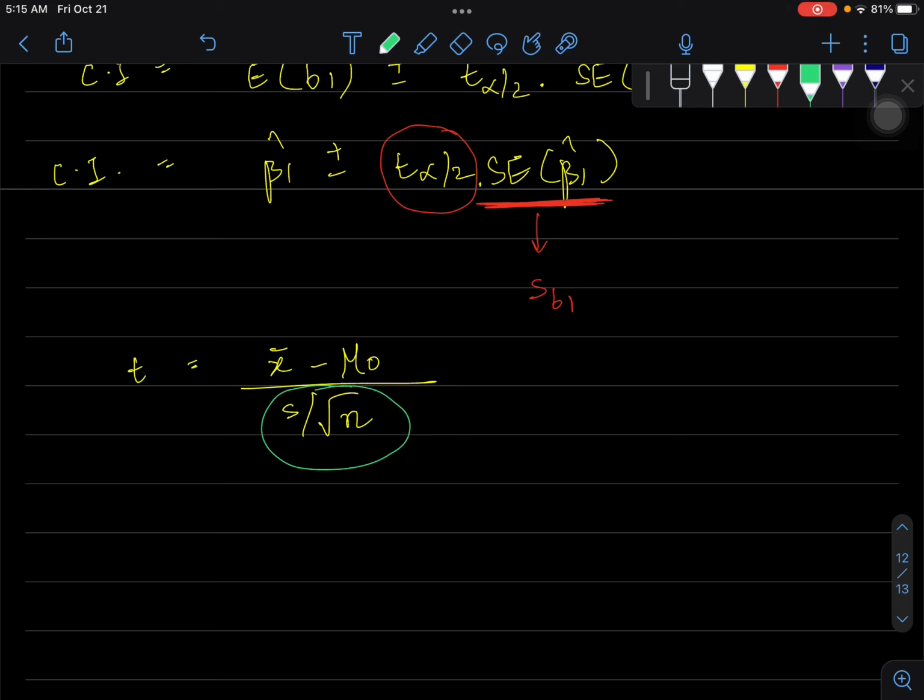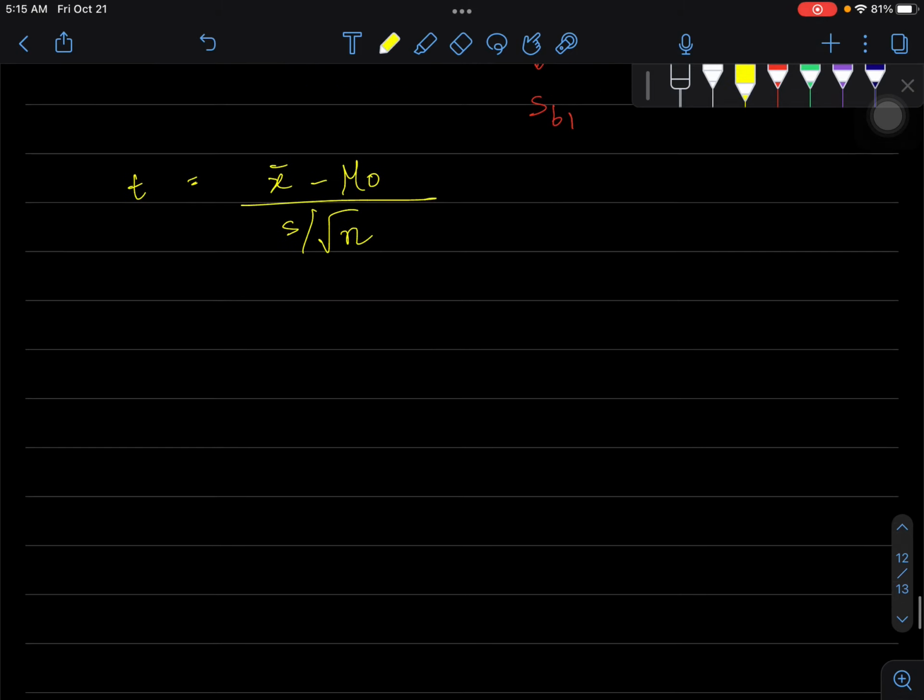Down here is the error, which is S_b1 again. So the value of t for our case is going to be b1 minus beta 1 over S_b1.